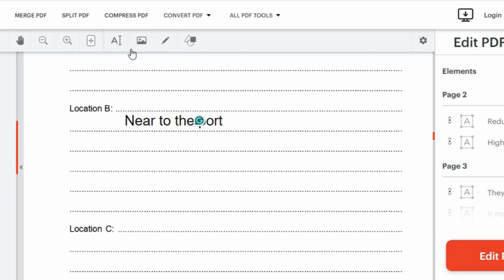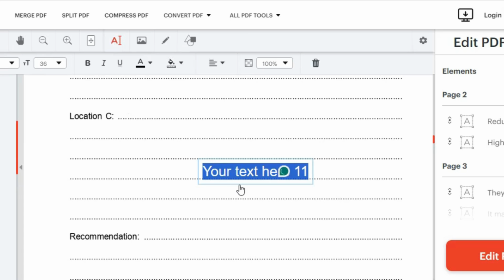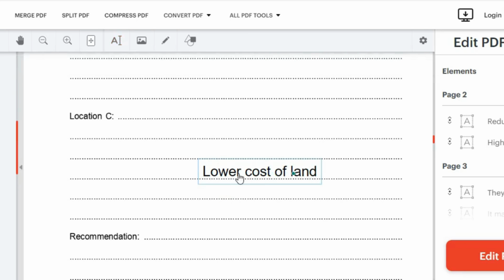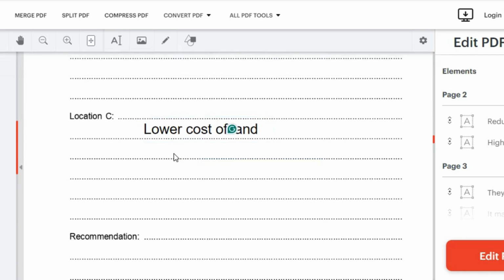Now, to choose another location for the business, we have to look at the cost of the land. That is, a lower cost of land. The lower cost of land is also considered when choosing the location, because it will reduce the capital required to start up the factory.